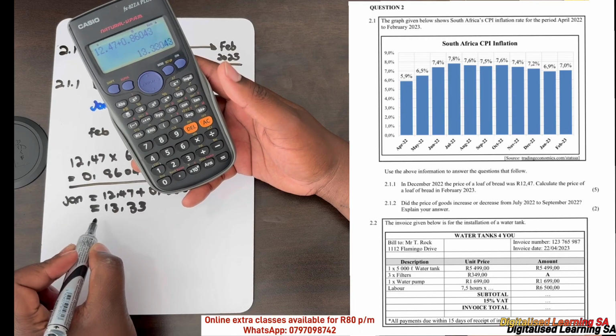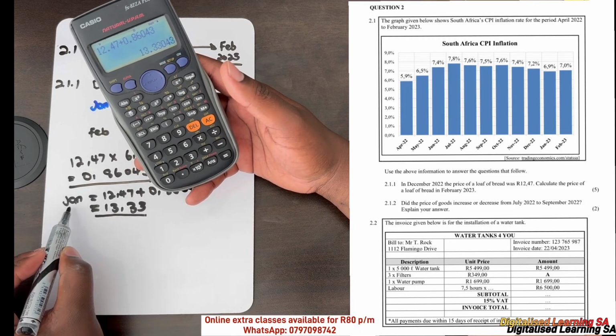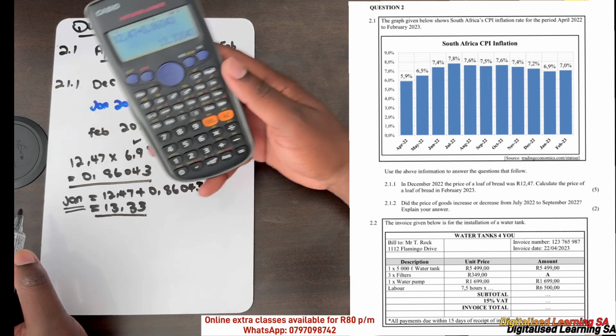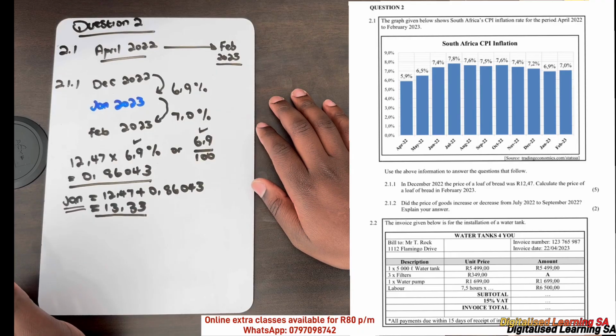We can round off to 2 decimal places because this will be our final answer for January. Then we do the same thing to get the price of bread in February.